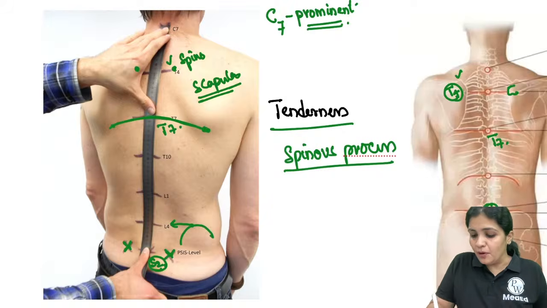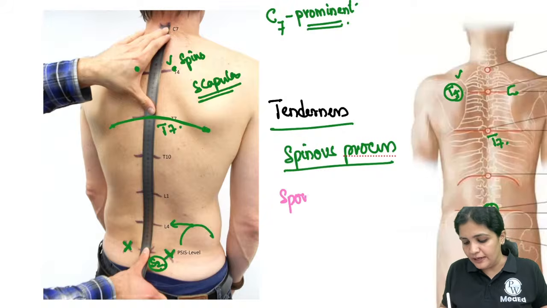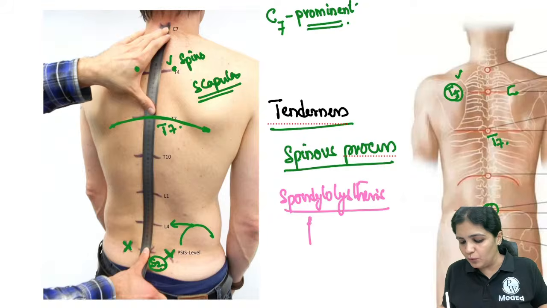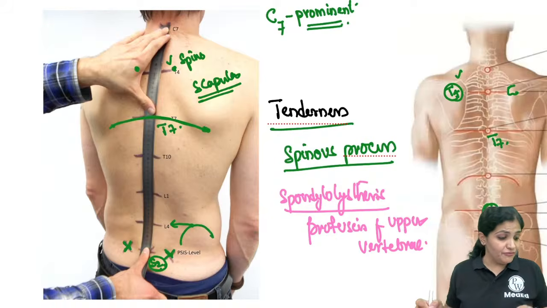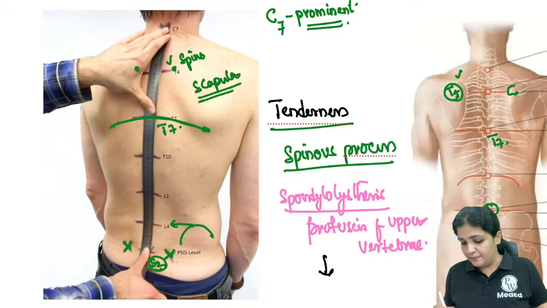In case of spondylolisthesis, what do you mean by spondylolisthesis? Spondylolisthesis is nothing but the protrusion of the vertebrae, right? There is a protrusion of the upper vertebra. Once there is a protrusion of the upper vertebra, what you can feel is a step sign. So this you have to remember.